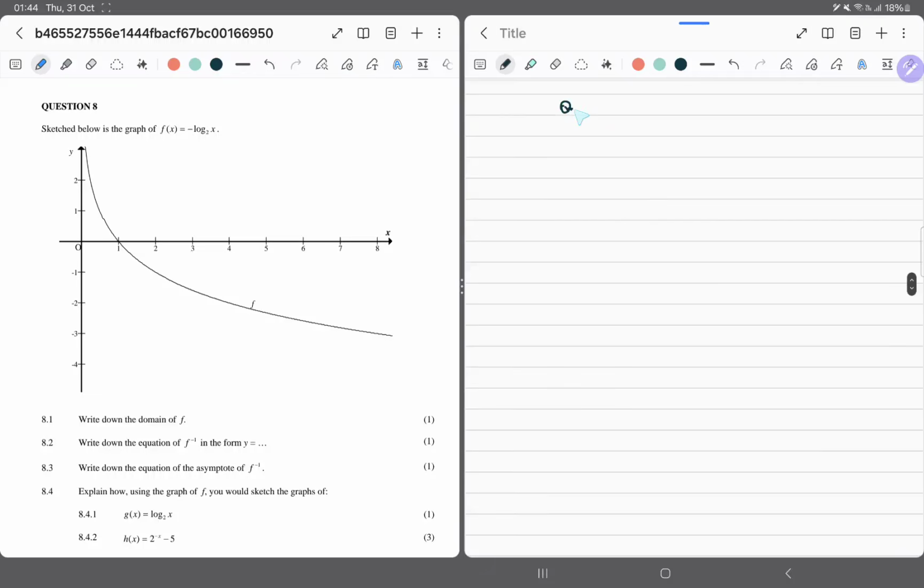So question 8. What are we doing here? Well, we are given that sketched below is the graph of f, which is minus the log of x. And we can see this is a decreasing function passing through x equals 1.